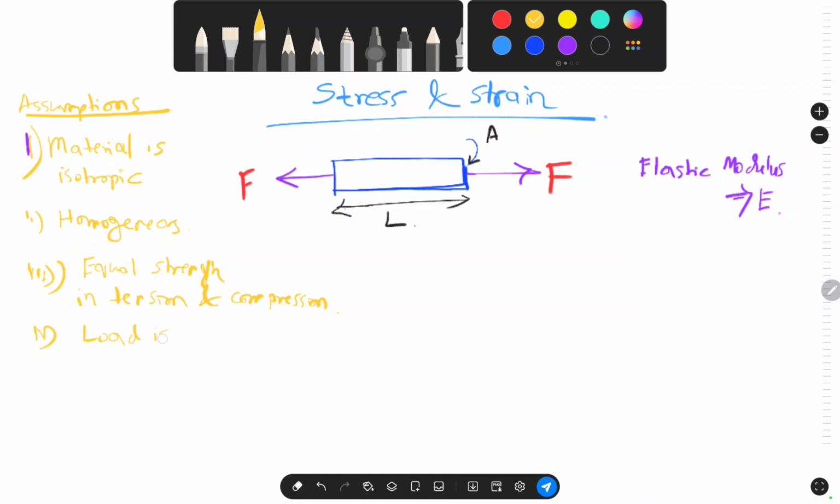Load is applied within the elastic region.